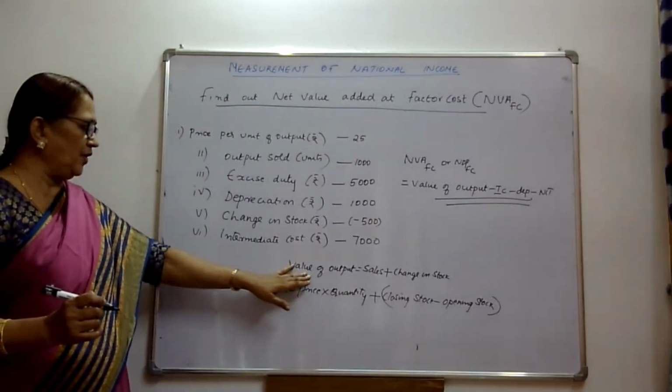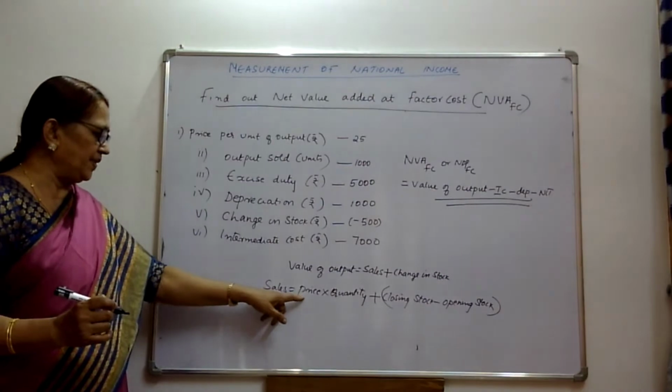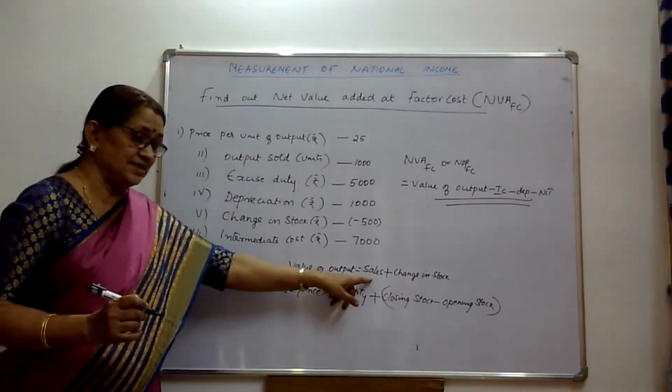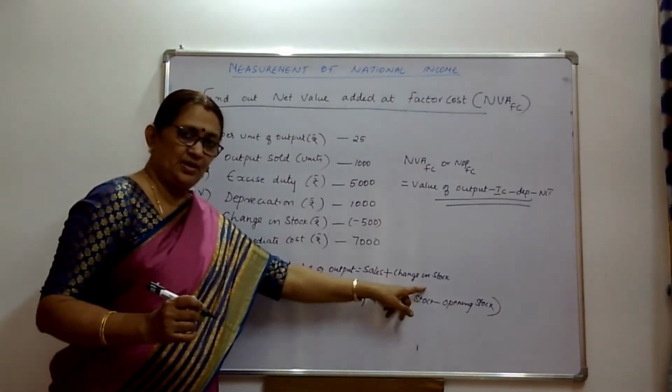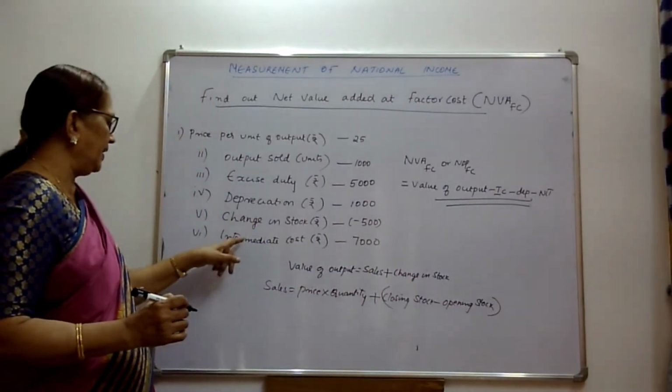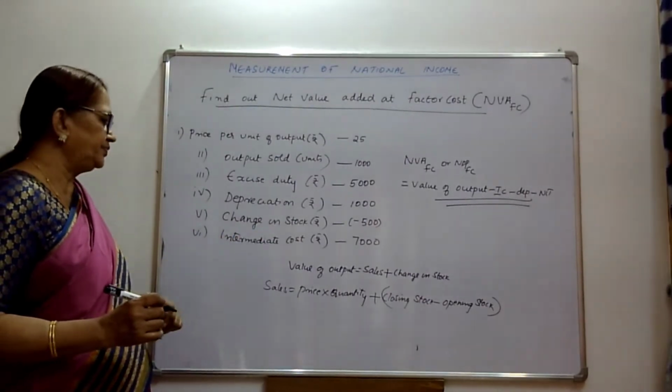Now, value of output is not given directly. Next we are checking whether price into quantity, whether sales is given. No. Change in stock given? Yes, it is given directly, minus 500.